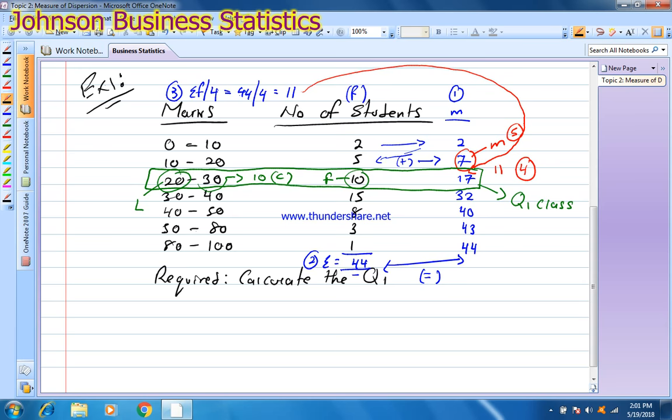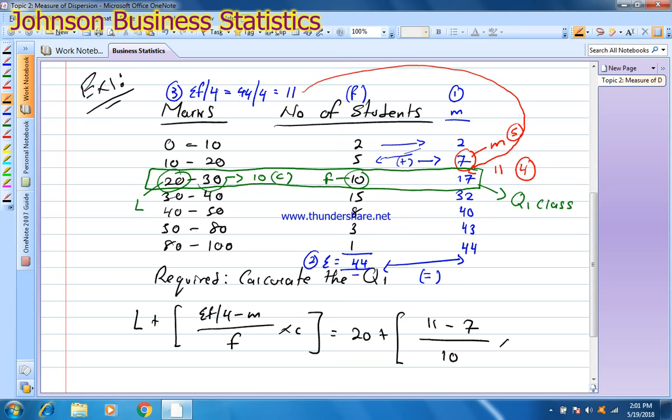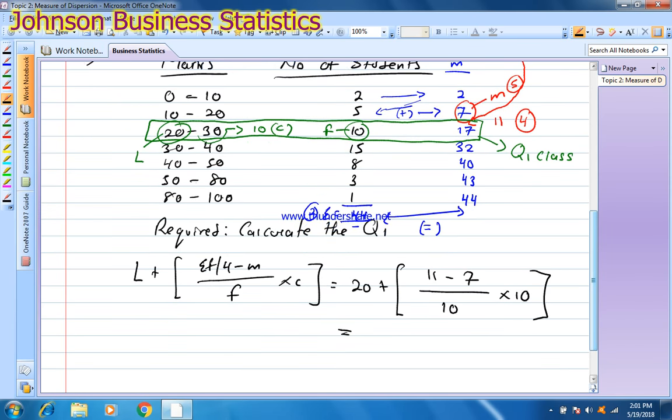So now we can work out the answer with the formula: L plus total F divided by 4 minus M, over F, times C, where L is 20 plus, you take the 11 minus 7 over 10 times 10, and then you check how much you get.